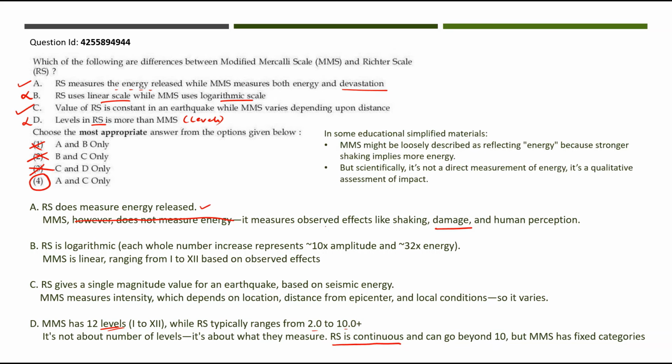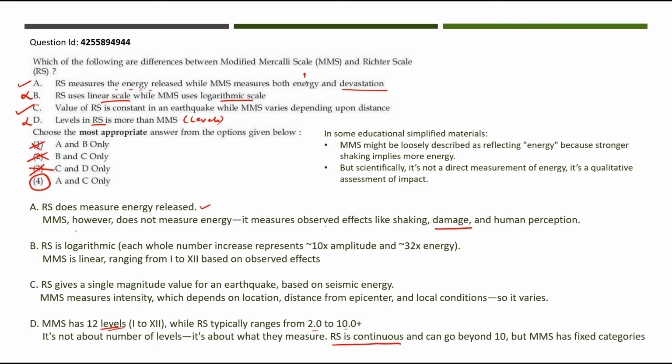In some educational simplified materials, MMS might be loosely described as reflecting energy because stronger shaking implies stronger energy, but scientifically it is not a direct measurement of energy. It is a qualitative assessment of impact. In some educational materials, they mention stronger shaking implies more energy. Actually, it is not a direct measurement of energy.